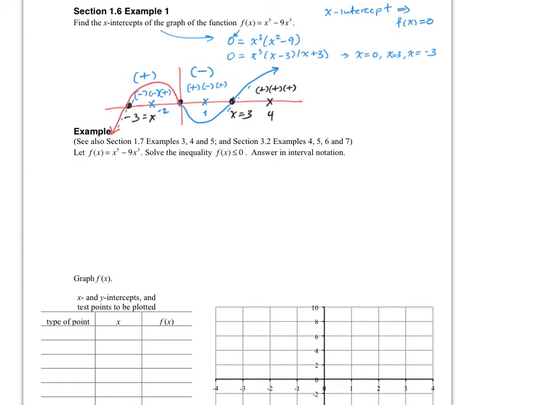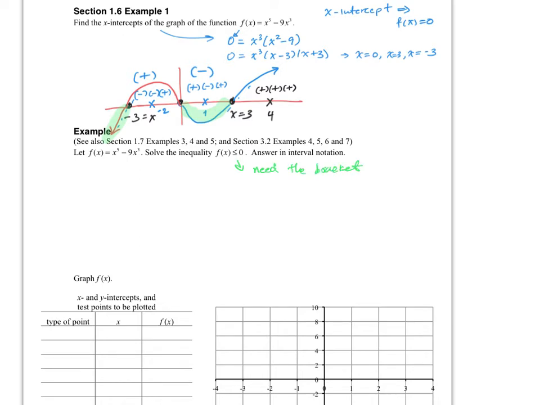So here, the question is asking, when is this negative? All you have to do is check the part where this is negative. Clearly negative is here and negative is here. You just have to be careful whether you include the parentheses or the bracket. Since this one says less than or equal, you need the brackets, at least for one side.